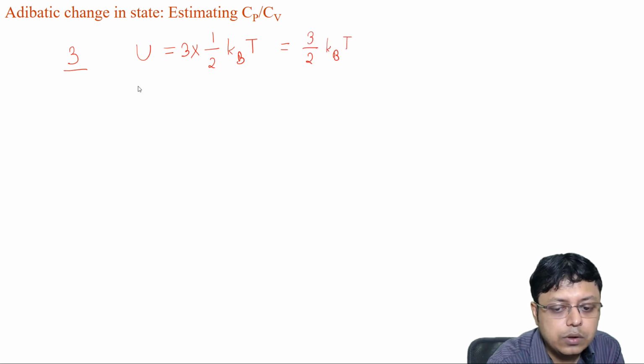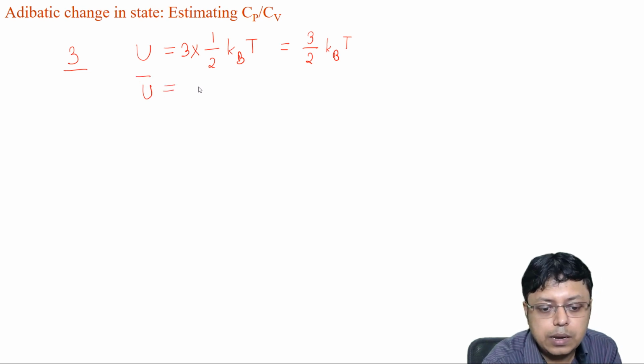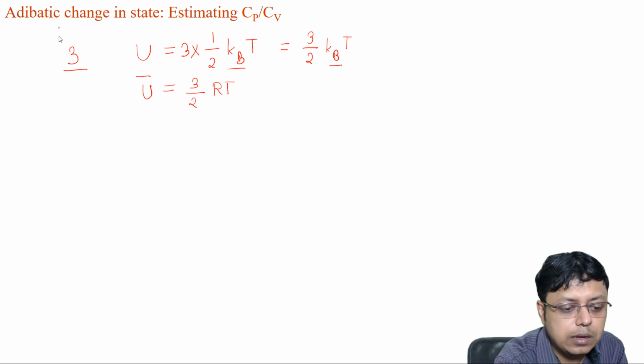Now usually instead of for one molecule we write it for 1 mole of molecules, so we multiply it by the Avogadro number so that this kB becomes R, the molar gas constant. So the energy U will be nothing but 3/2 RT for a monatomic gas.